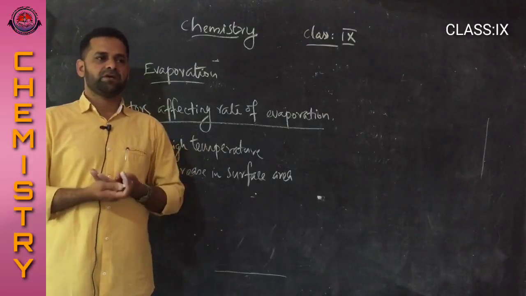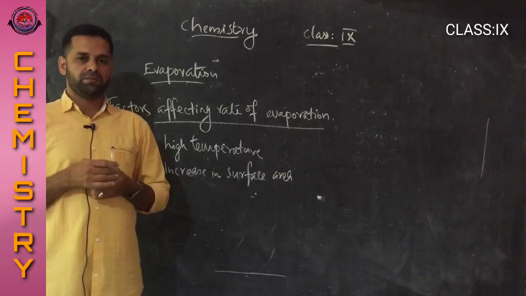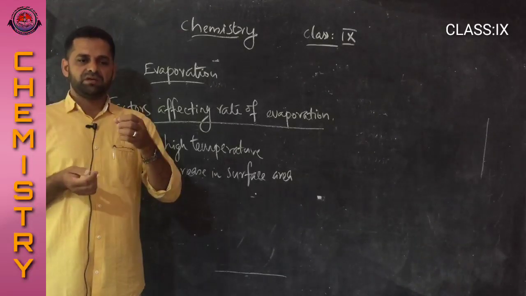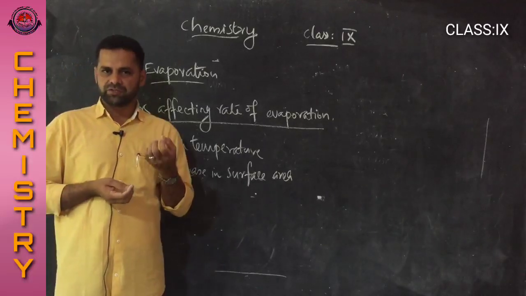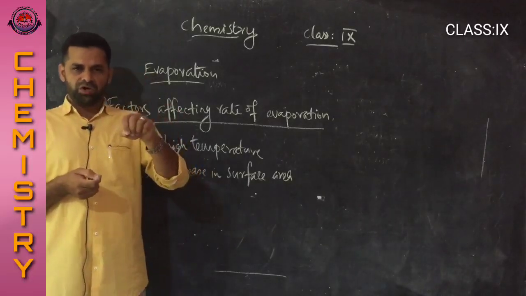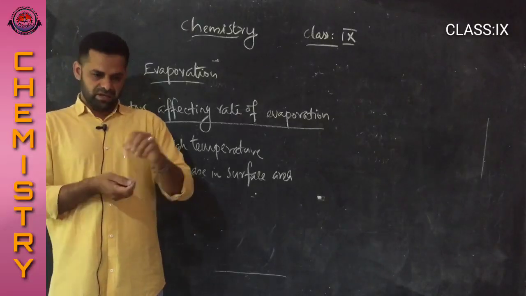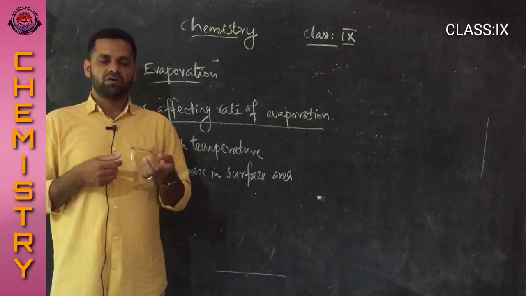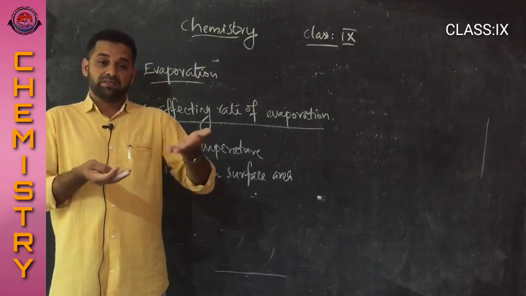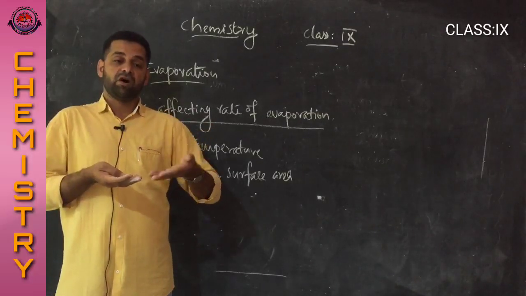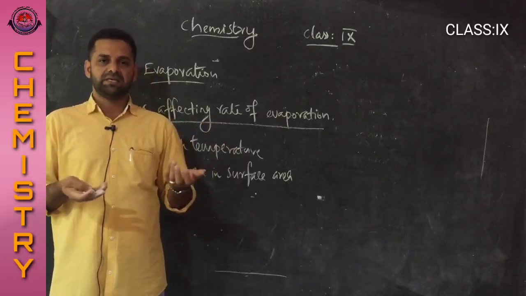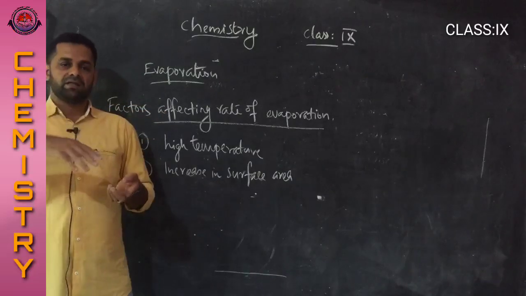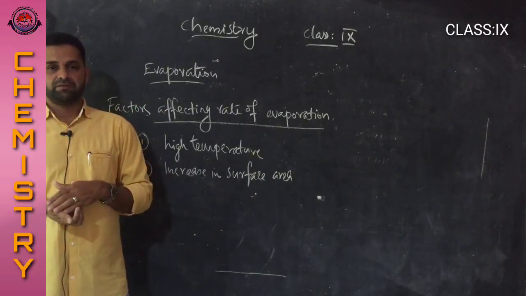For example, if you are taking hot milk or a hot cup of tea, when we pour hot tea or hot milk into the saucer, we can sip it easily. Why? Because evaporation takes place easily when it spreads. If there is more surface area, then it will evaporate very easily.